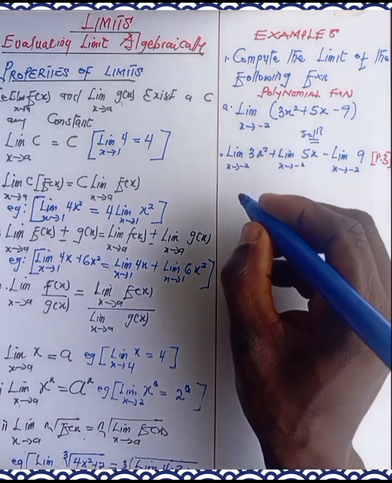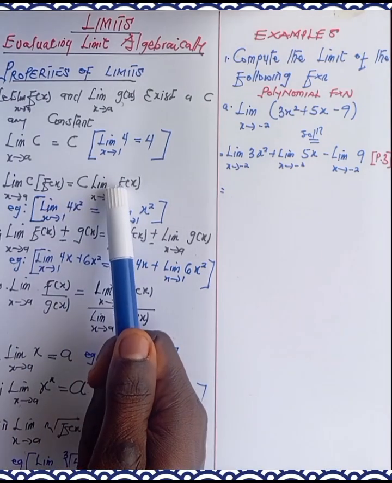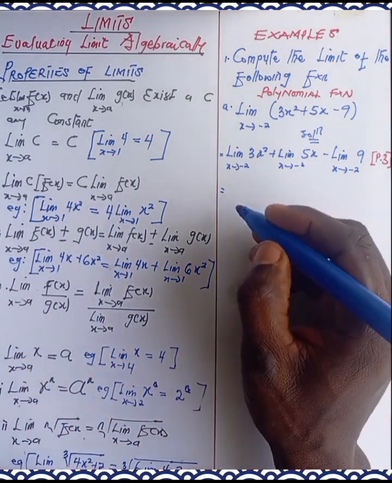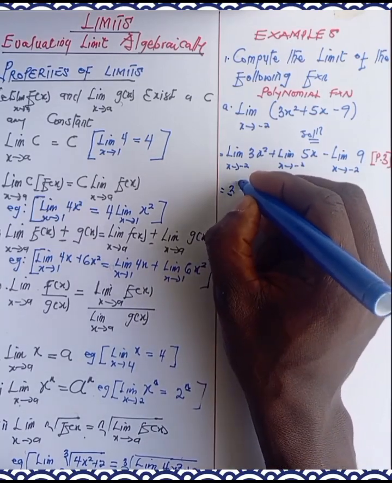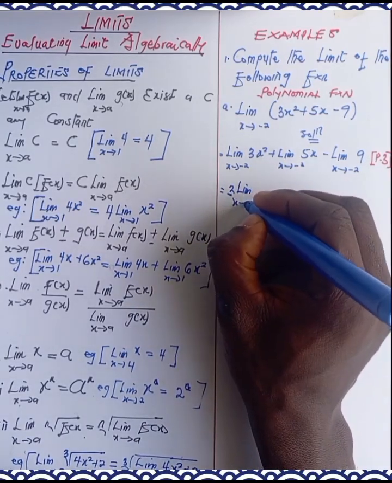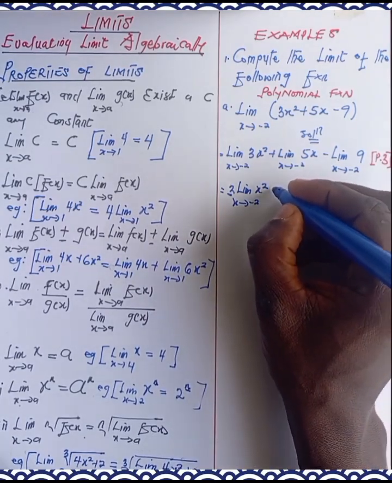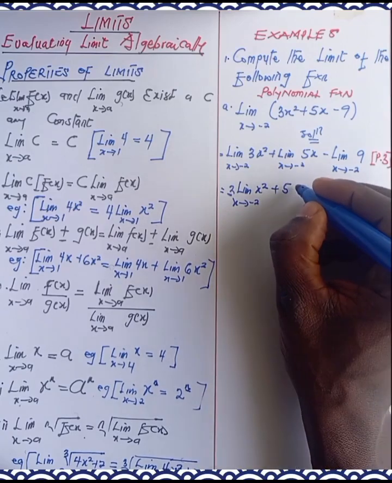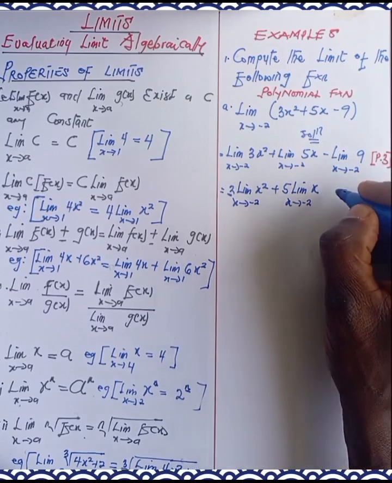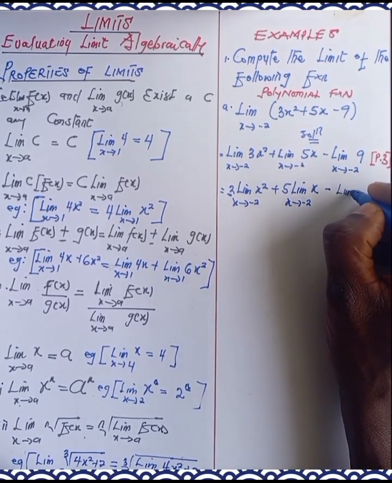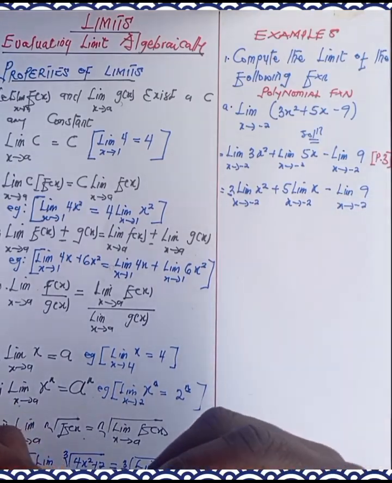Now, you can also apply the next property, which is what? The limit of a constant times a function is equal to a constant times the limit of the function. So we are getting 3 out: the limit as x approaches -2 of x squared, plus 5 out: the limit as x approaches -2 of x, minus the limit as x approaches -2 of 9.